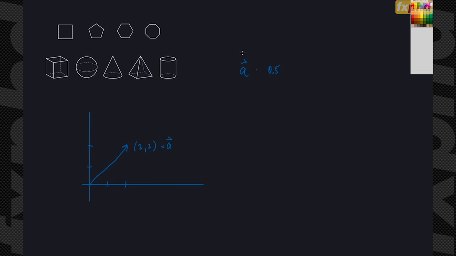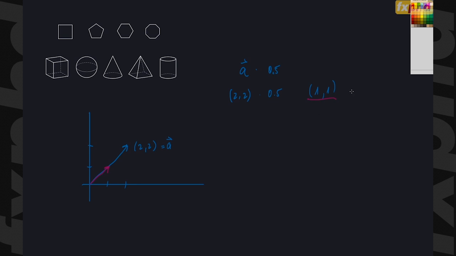That means just multiply both components, 2 times 0.5. Half of 2 is 1 and half of 2 is 1. So the resulting vector is 1, 1. And you see easily it's really half of that vector.